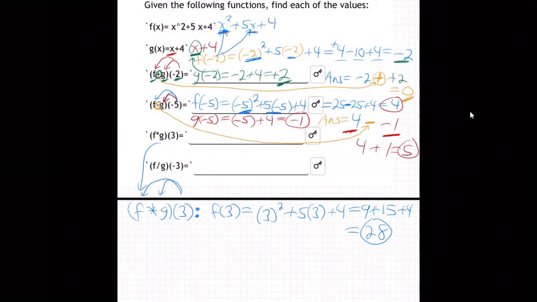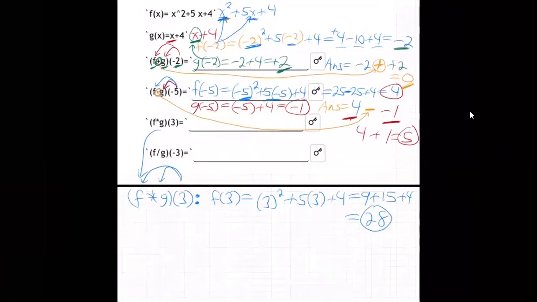Yeah, 28. Okay. And now for the second part, I'm going to plug the 3 into the g. So we plugged into the f, and now we're plugging into the g. The g is a little simpler. It's just x plus 4. So it's just going to be 3 plus 4.